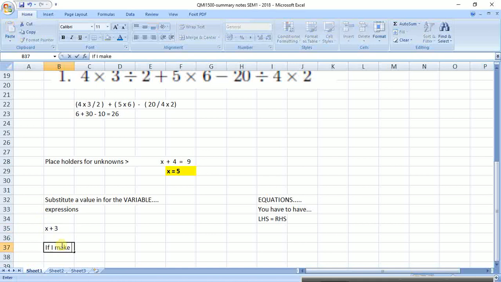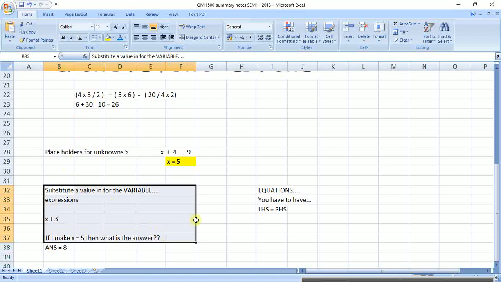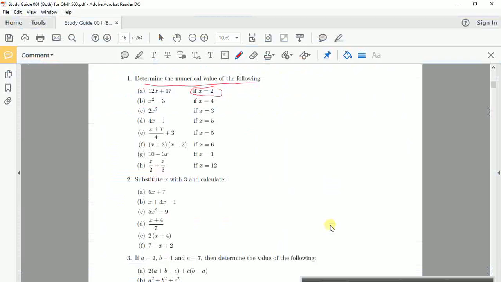If I make x equal to 5, then what is the answer? 8. Exactly. That's what you do with expressions. So that's an expression, that's an equation.